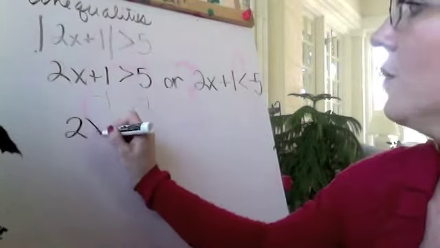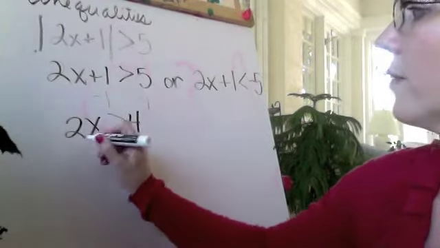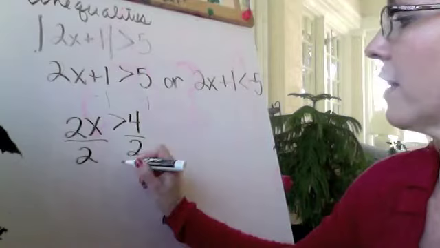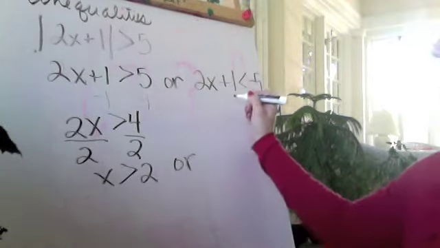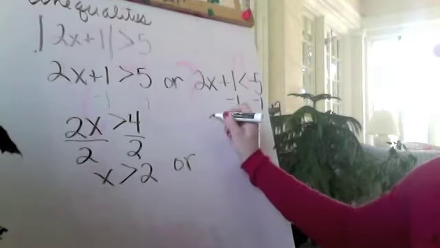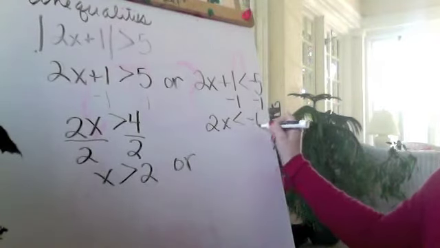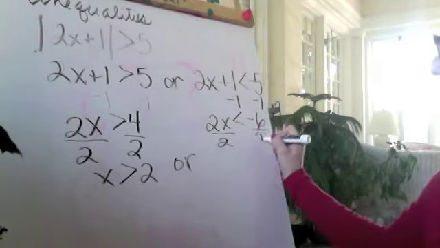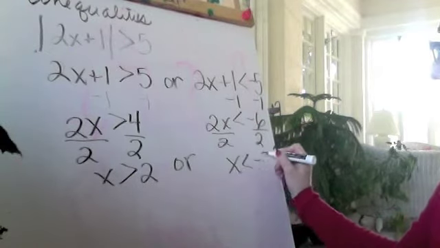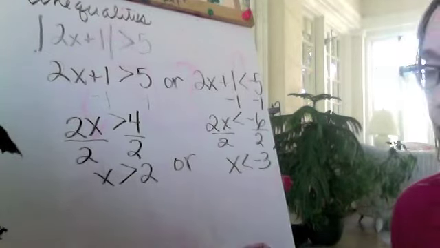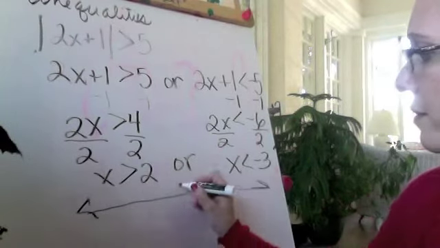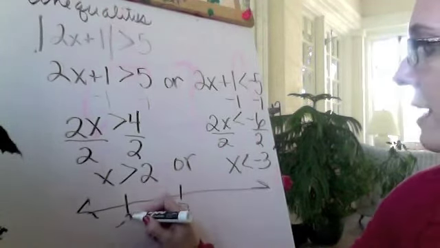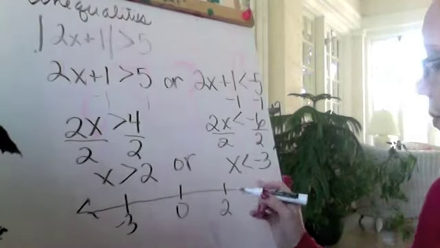So we get 2x is greater than 4, divide by 2. X is greater than 2. Or, solve this one. 2x is less than negative 6. X is less than negative 3. So this is an OR problem. So on our graph, there's 0, here's negative 3, here's positive 2.